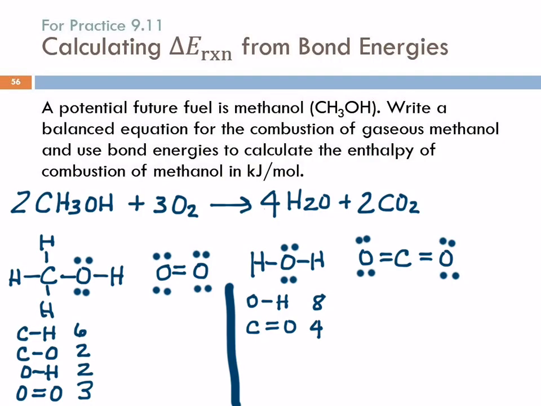Okay, so now we can go back to this. When I break bonds, is it positive or negative energy? It's positive. I have to put energy into the molecule. So all of these are going to be positive numbers. So carbon-hydrogen was 414, and that's times 6 because there's 6 of them.